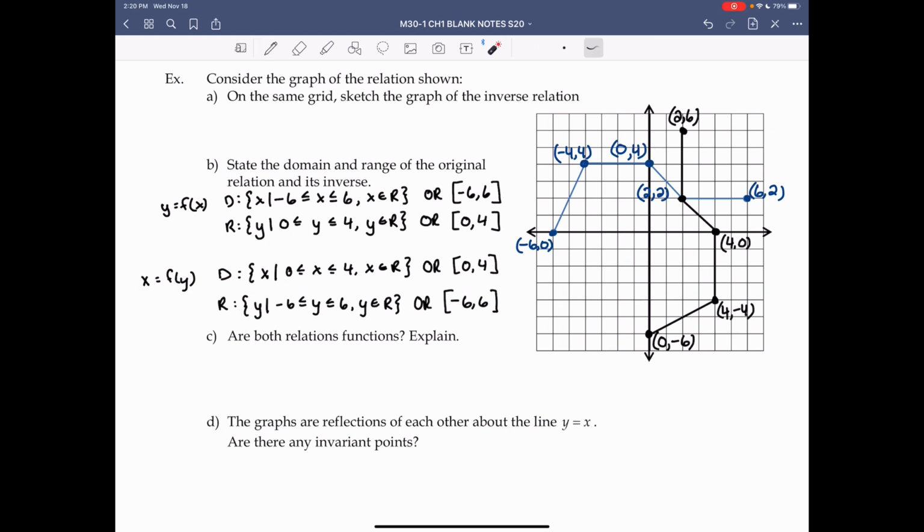Notice that the domain of the original relation, -6 to 6, is the range of the inverse relation, and the range of the original relation, 0 to 4, is the domain of the inverse relation.